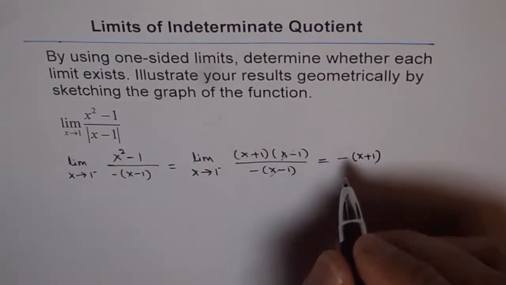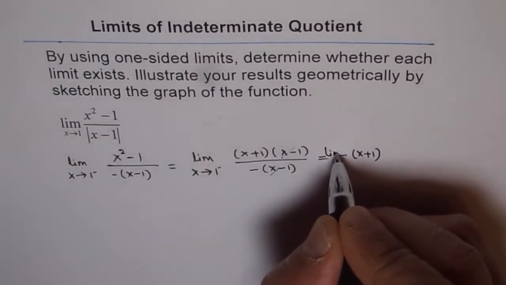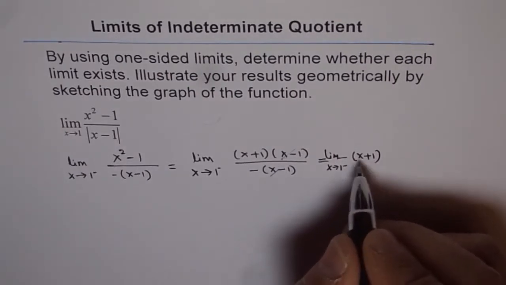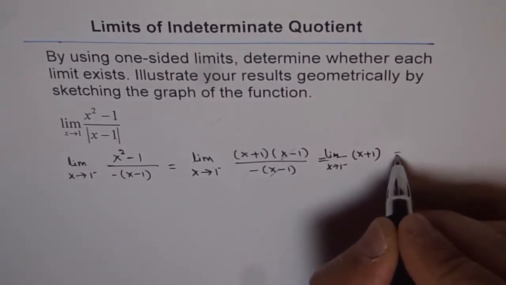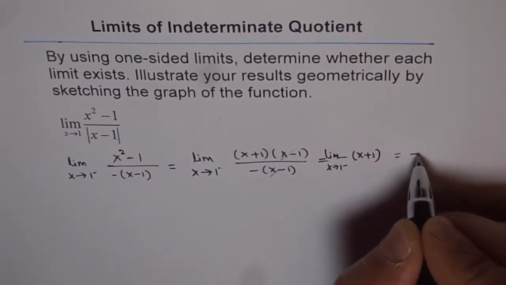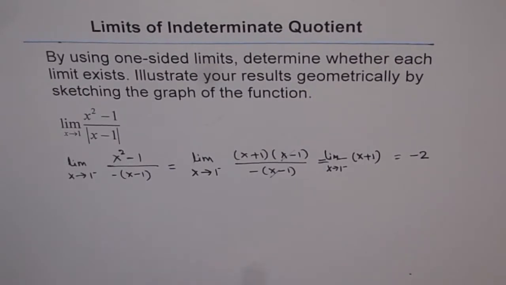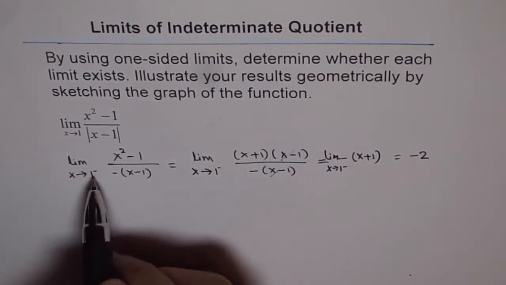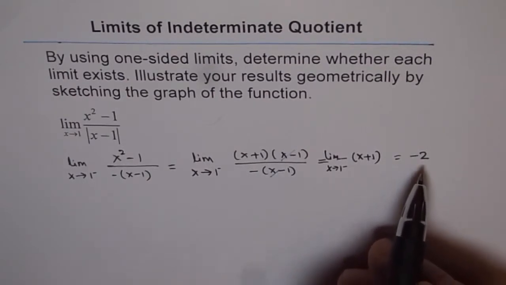When you substitute 1 here, you get 1 and 1, which adds to 2, and the minus gives us minus 2 as our answer, correct? So the limit of this function when approaching from the left side is minus 2.